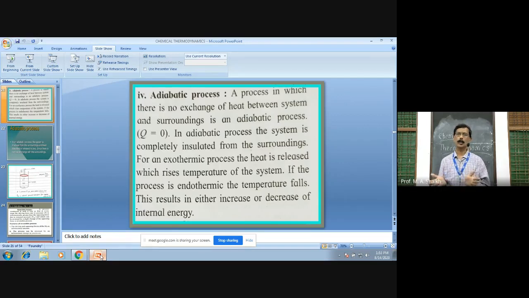There is no exchange of heat energy between system and surroundings. No absorption of heat energy or no release of energy from system. What it means is Q is 0. Q is the symbol for heat or heat energy. So for adiabatic process, what is the essential condition? Q is equal to 0, or heat is equal to 0.